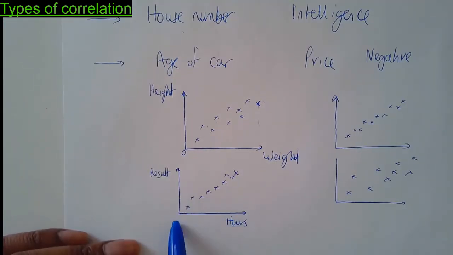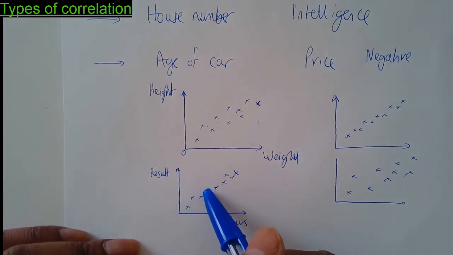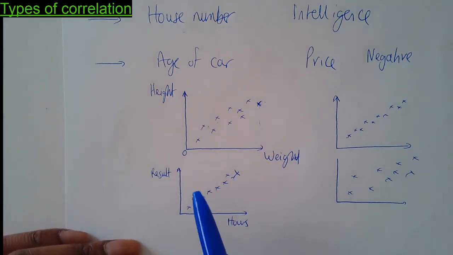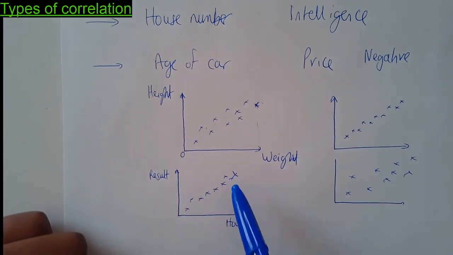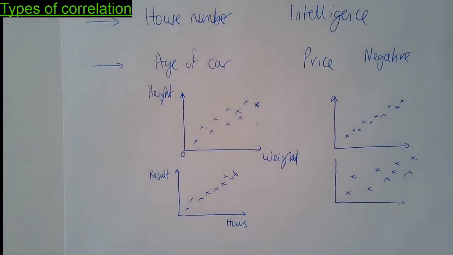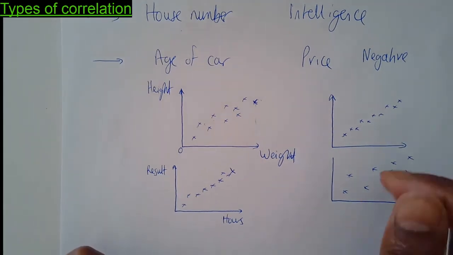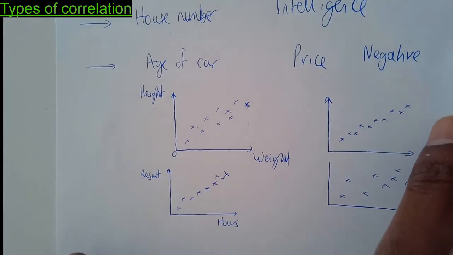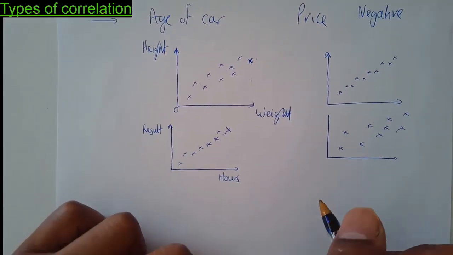Now here's another example. Hours of revision and exam results. So it looks like they've surveyed 1, 2, 3, 4, 5, 6, 7, 8, 9 people here. So the more hours of revision you put in, the better the results. Right, what could be a negative correlation? To give an example.